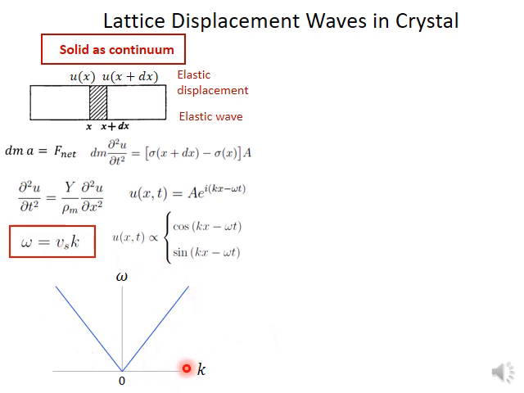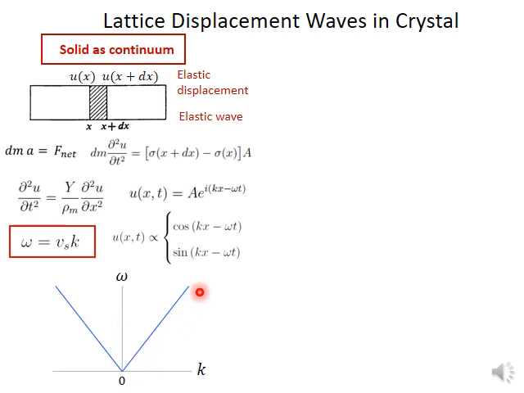A dispersion is a relation which connects the spatial frequency with the temporal frequency of any wave phenomenon, and it is a nice linear curve over here.